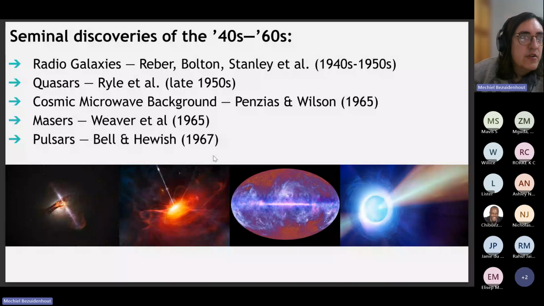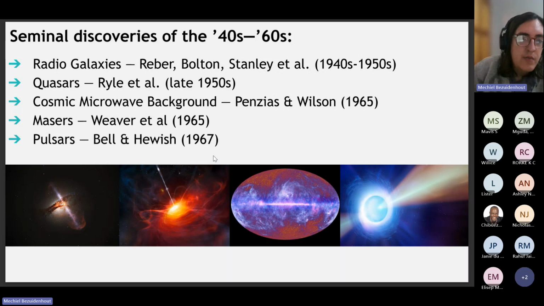Right, so that concludes my tour of the big names in radio astronomy in the 20th century. Those few decades after the 40s were also very fruitful in terms of a number of very important discoveries. Radio galaxies were found for the first time in the 1940s to 50s.